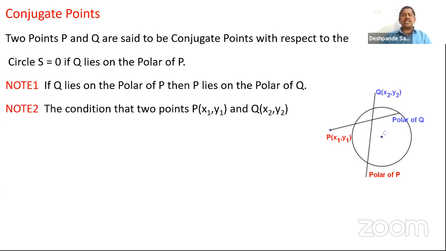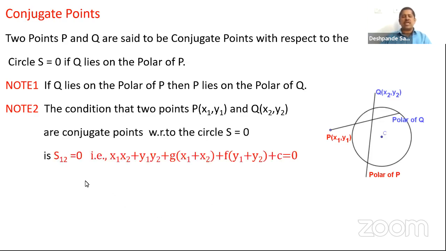Now, what is the condition that the two points are conjugate points? In the previous slide you took S12 equal to 0. That is the condition. The condition for two points to be conjugate to each other is S12 equal to 0. What is S12? It is x1 x2 plus y1 y2 plus g times (x1 plus x2) plus f times (y1 plus y2) plus c, equal to 0.